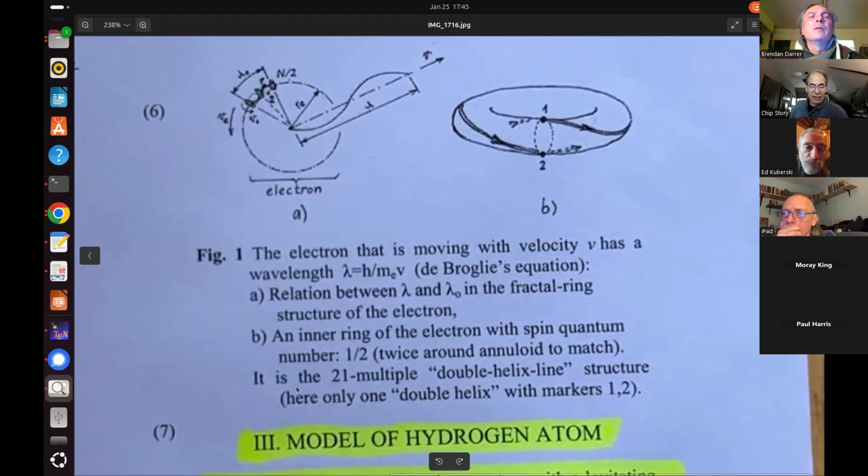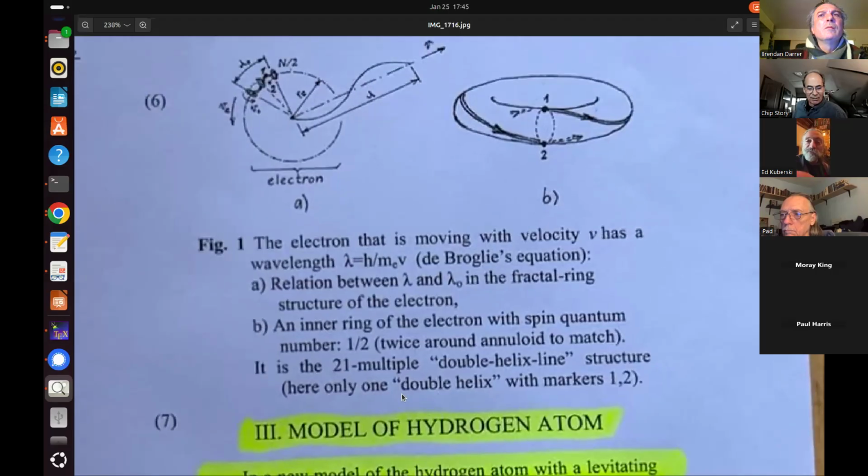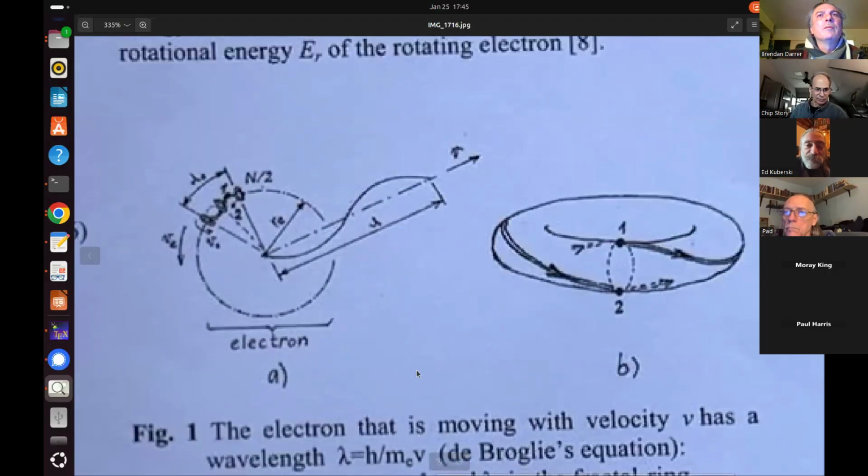It is the 21 multiple double helix line structure. Here, only one double helix with markers. My God, we're starting to see this same structure that Moray King talks about all the time, with it twisting on itself. But let's carry on. This is great stuff, a fantastic paper that Pavel sent to us.